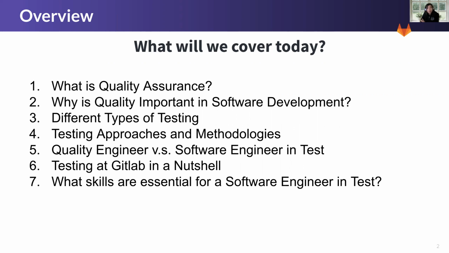I'd also like to mention the difference between a quality engineer and a software engineer in test, and very quickly show you how we test things here at GitLab. And I'd also like to share some essential skills that you might need if you ever consider becoming a software engineer in test.